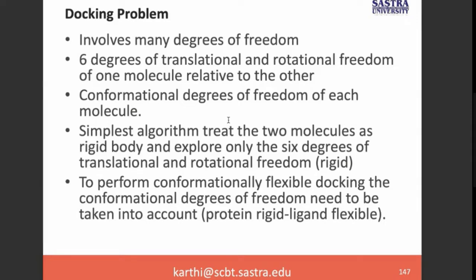Rigid docking, sir. Okay, practically speaking, that is not rigid docking. We named it rigid docking because we considered the protein molecule as a rigid body. I'm talking about the second exercise, what you did in the practical session. We named it rigid docking, but actually it is not rigid docking, right?